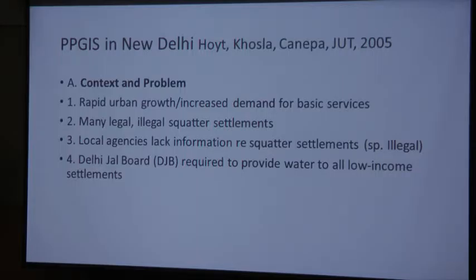There is a law that everybody must have access to water as a basic right. But essentially, the level of access they had to water was highly limited. And the local agencies also lack information about the squatter settlements due to their illegal nature. So it's a two-sided problem.